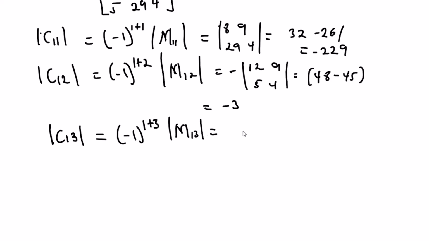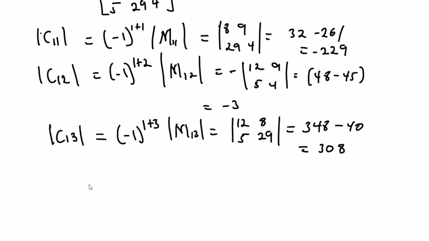So we cancel out 12, 5, 29. So the element at row 1 column 3, and cancel the corresponding row and column. Okay, so this is going to give us 3 4 8 minus 40, and the answer is 308, and that is the cofactor for that entry.